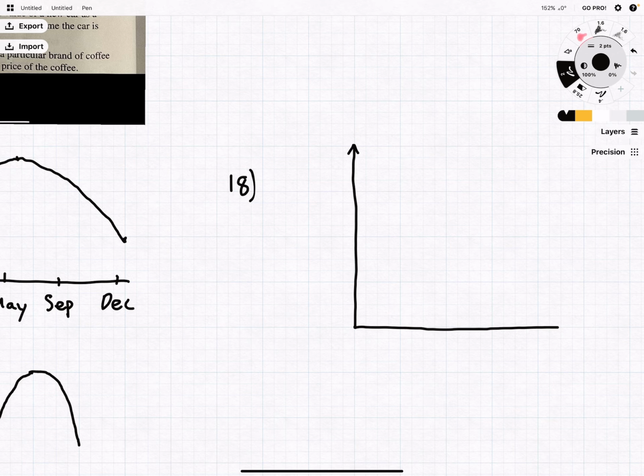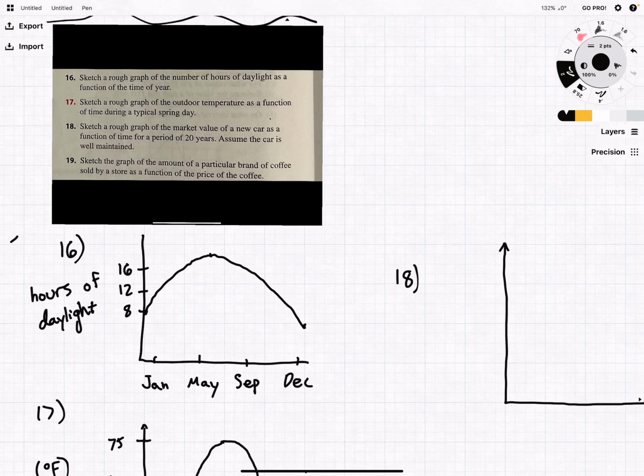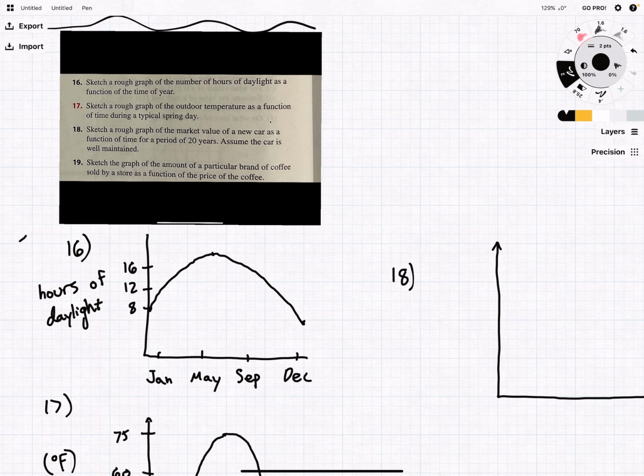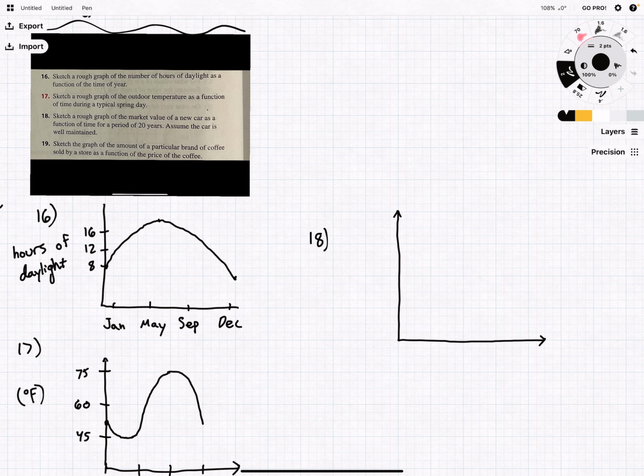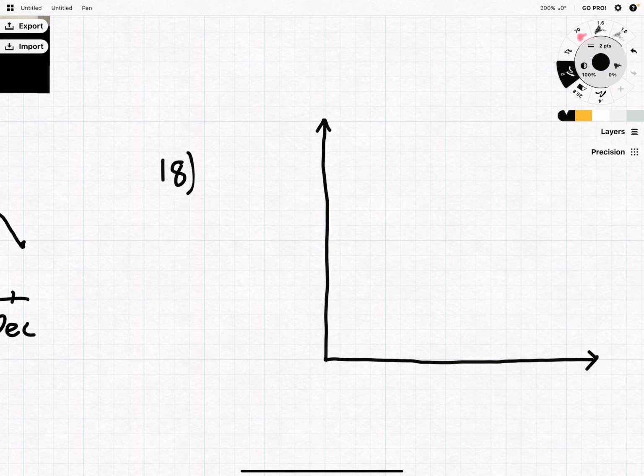Trucks are also really expensive, and then maybe a year or two passes and they're worth almost half as much. So it definitely seems to be much more cost efficient to buy a new used car, so to say, right? But anyways, as for sketching this graph, let's say we've got market value here.